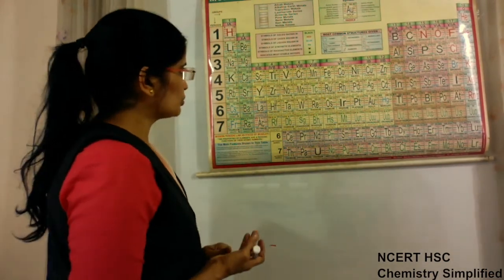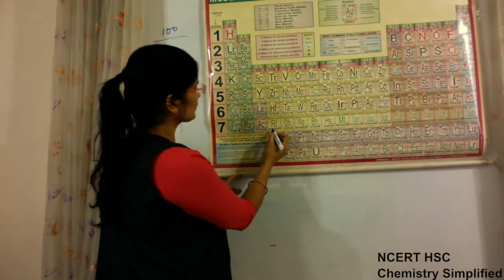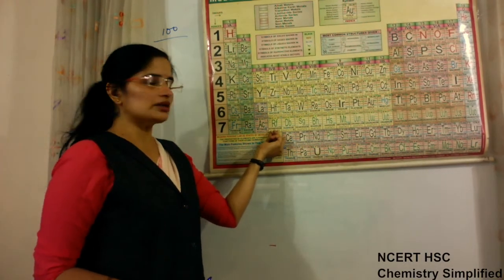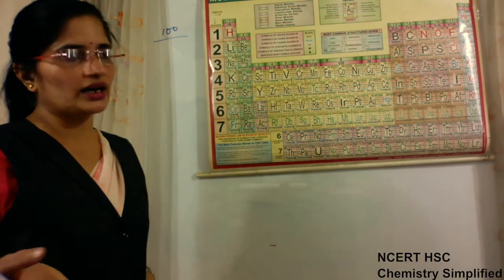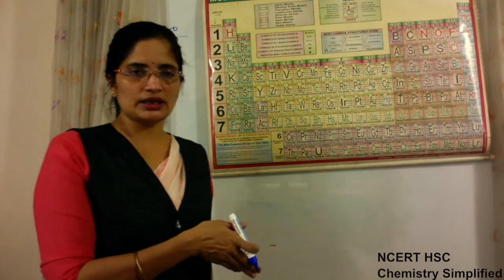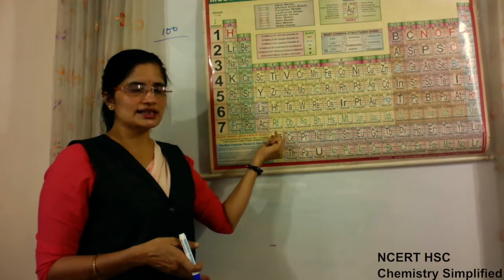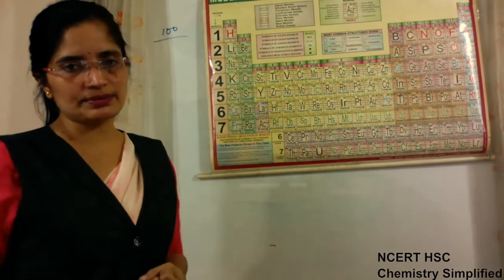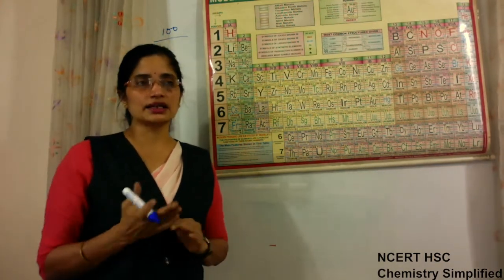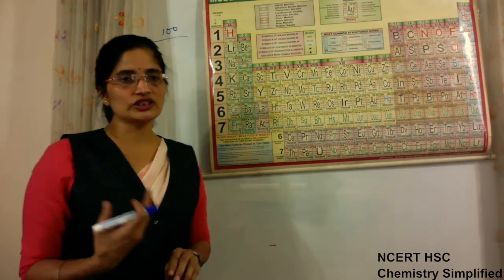For example, element number 104, this one, was given the name Rutherfordium. At the same time, a Russian scientist also discovered it and gave it some other name. They wanted to keep the name given by them, and Rutherfordium was already given by other scientists. So to avoid conflicts about who discovered it first, because they had reported discovering it but had not opened it up to the world, which name would be given?